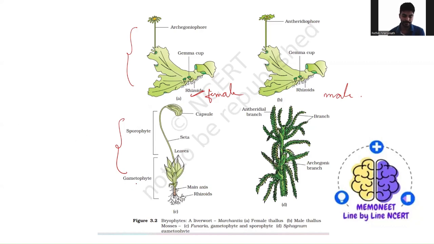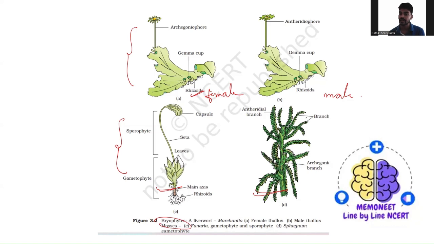Coming to the example, Marchantia is one example of a liverwort. The second group is mosses. In the mosses, what could be the example? Funaria is an example, and another one is Sphagnum.